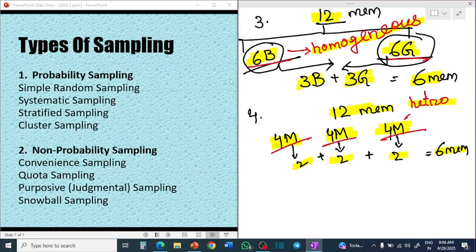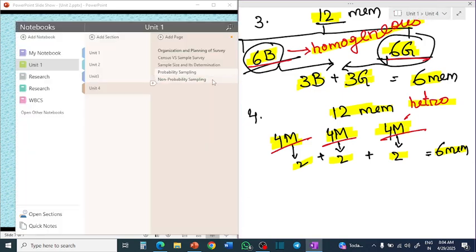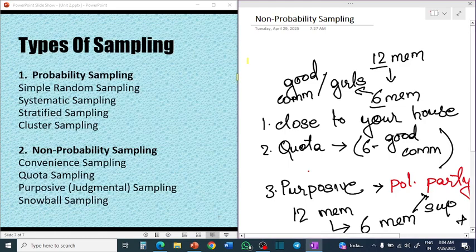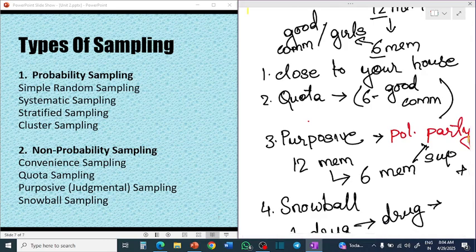Now we will move on to non-probability sampling. When sampling is done but not on a random basis, it is called non-probability sampling or non-random sampling. First, we will see convenience sampling.